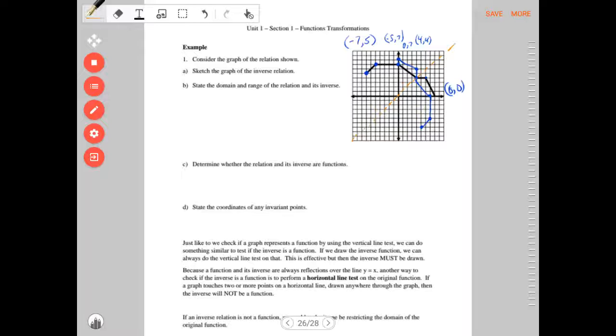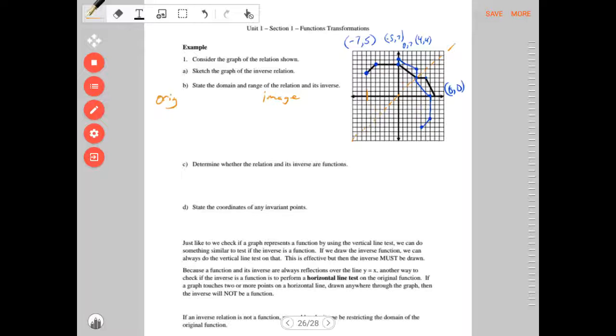Now B says state the domain and range of the relation and its inverse. Okay, so the original, okay, and then the image. So the original, he went from -7 all the way up to +8.